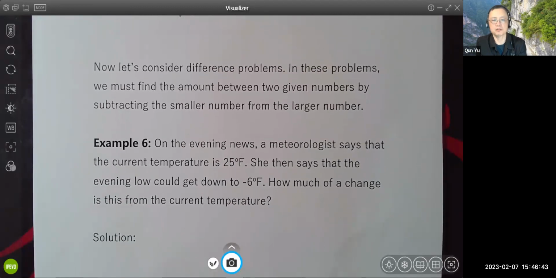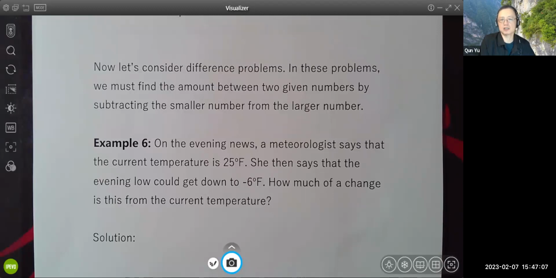Okay, example 6. On the evening news, a meteorologist says that the current temperature is 25 degrees Fahrenheit. She then says that the evening low could get down to -6 degrees Fahrenheit. How much of a change is this from the current temperature?